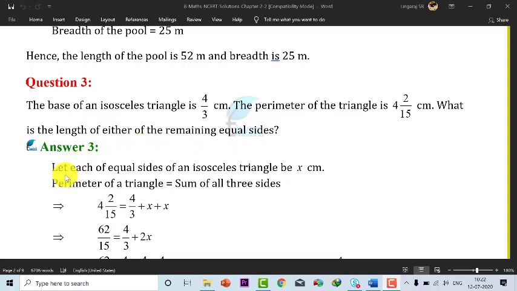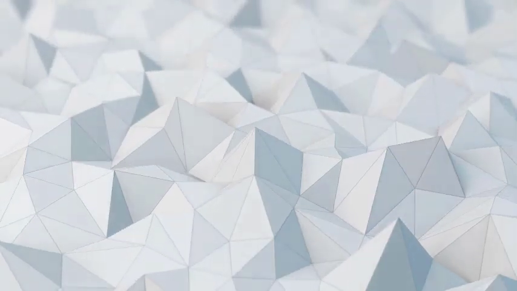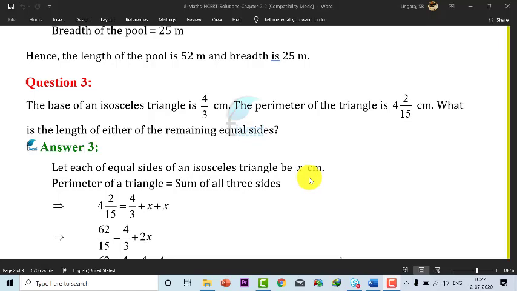So solution: let each of the equal sides of the isosceles triangle be x centimeter. We know that in an isosceles triangle 2 sides are equal. The perimeter of a triangle is equal to the sum of all 3 sides.